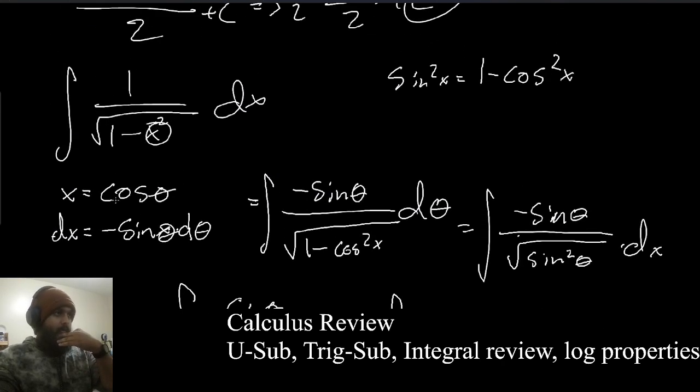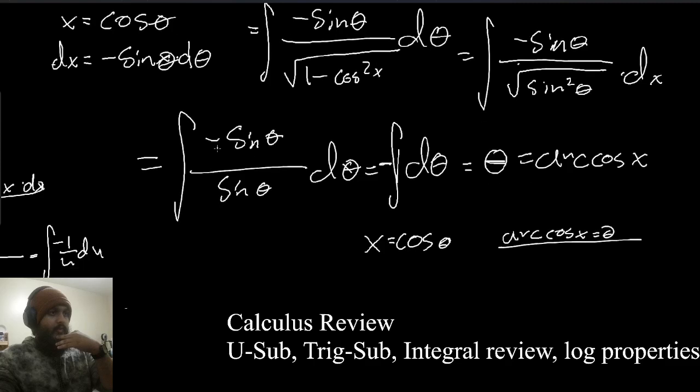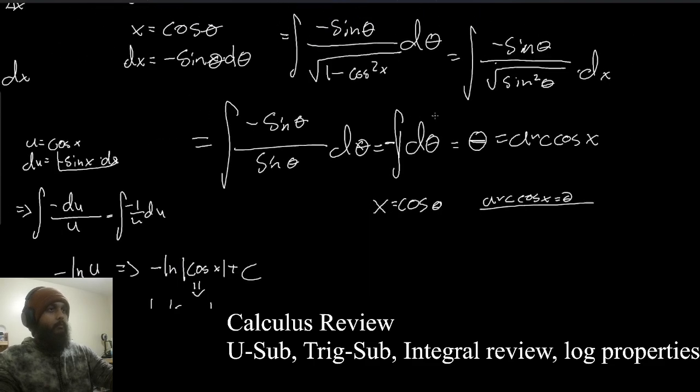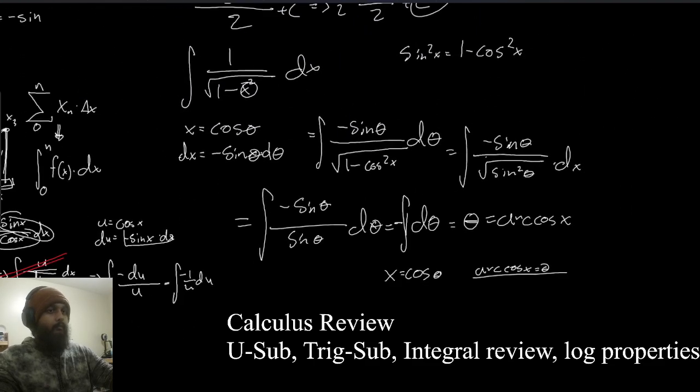So, substituting cosine, negative sine squared. So that just gets this d theta. I'm copying all that down. Sine theta, and then those cancel out, which leaves you negative integral of d theta, and of course, plus c.